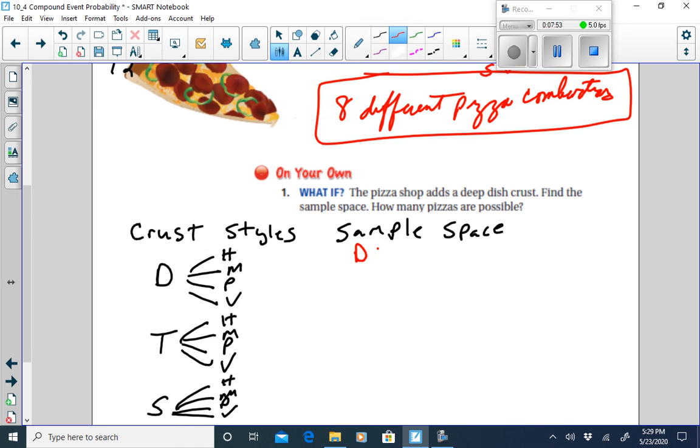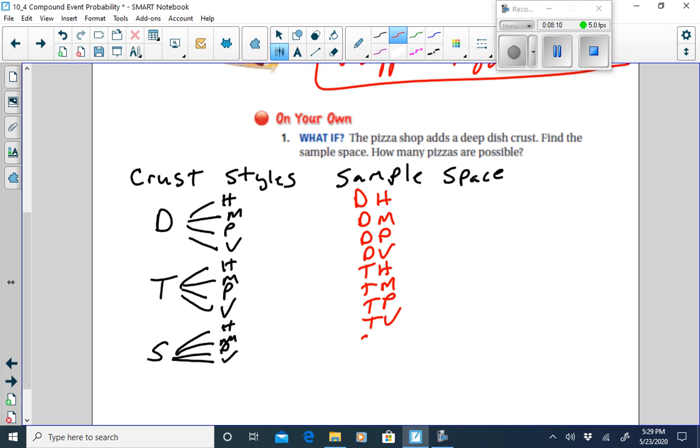It's going to be D with H, D with M. We have D with P, D with V. Then we have T with H, T with M, T with P, T with V. And then we'll have S with H, S with M, S with P, and S with V. So we could see our 1, 2, 3, 4, 5, 6, 7, 8, 9, 10, 11, 12.